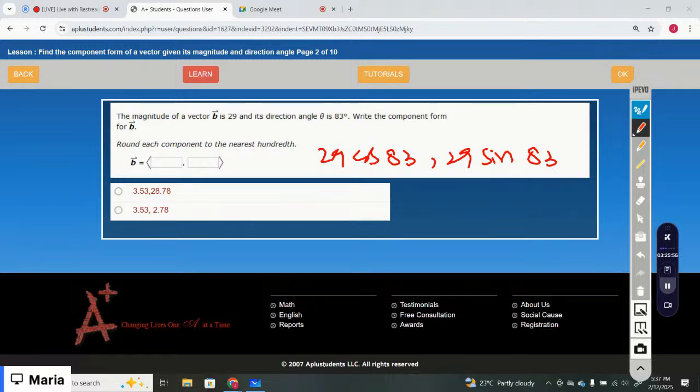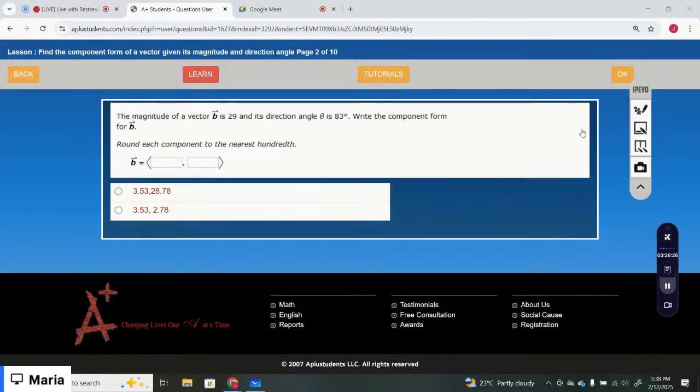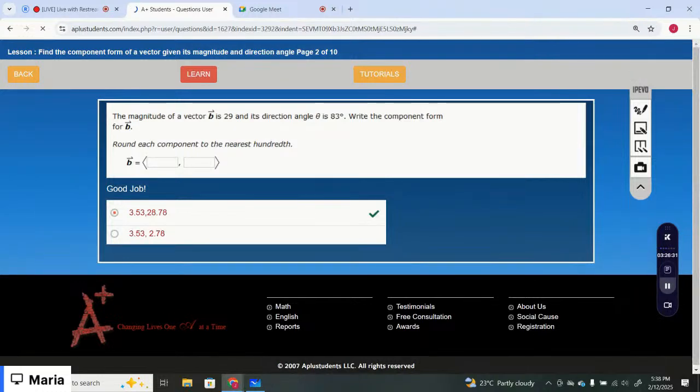Let me do the calculations. Cos 83 is 0.1218 times 29, that is 3.53, and then sine 83 times 29 is 28.78. So option number 1 is the correct option, that is 3.53 and 28.78.